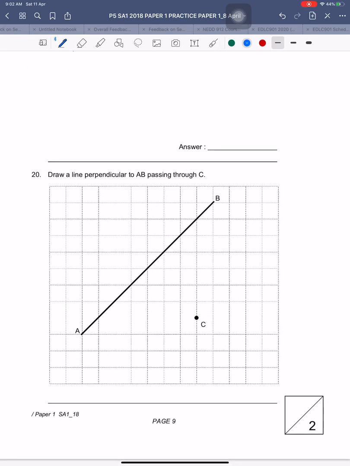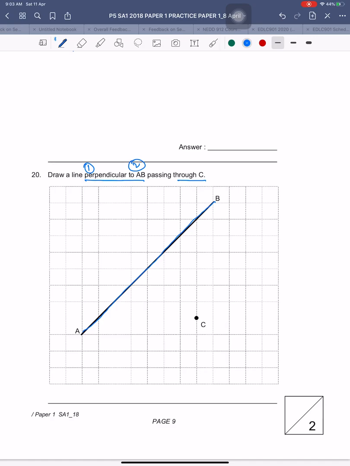Question 20, draw a line perpendicular to AB, passing through C. There are 3 conditions that you need to take note of in this. First, it must be perpendicular. Next, it must be perpendicular to this line AB, this is the line they're talking about.